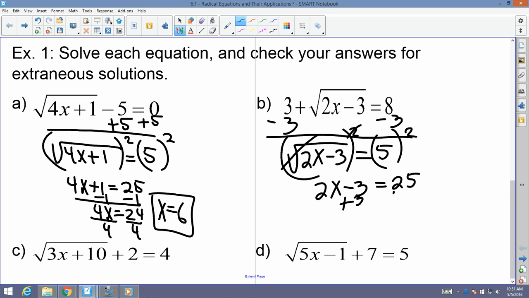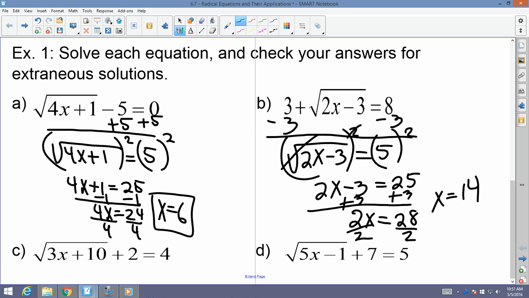Add the 3 to both sides. 2x equals 28. Divide by 2, and x equals 14. Let's see if that works. 14 times 2 is 28. 28 minus 3 is 25. Square root of 25 is 5. 5 plus 3 is 8. It works. Does that make sense, guys?